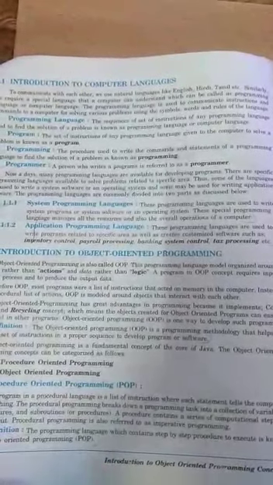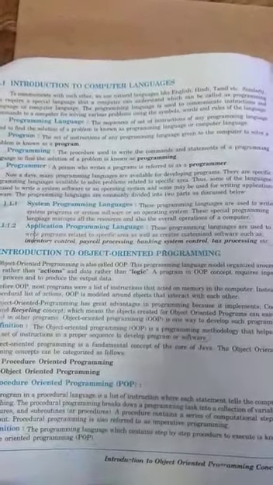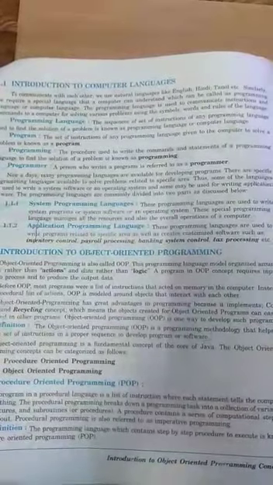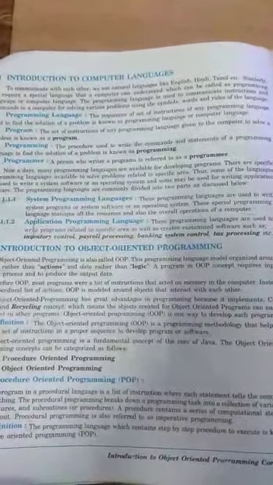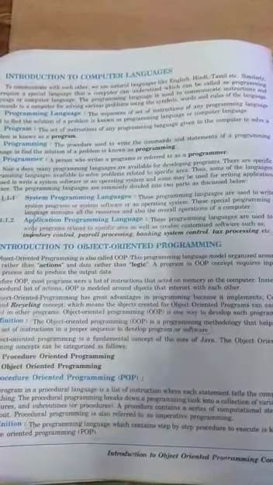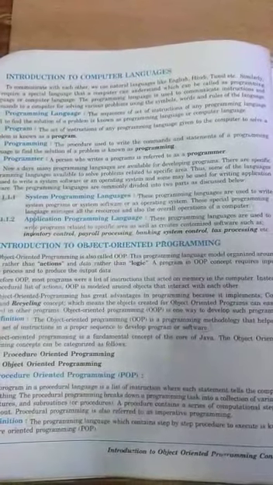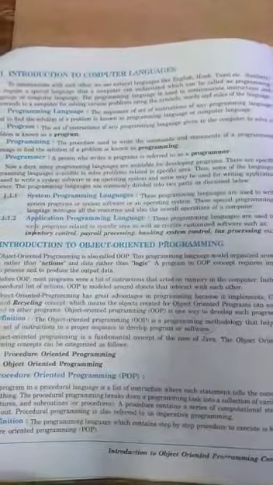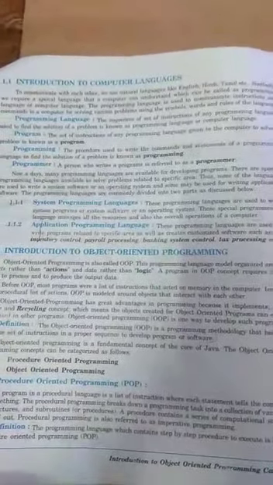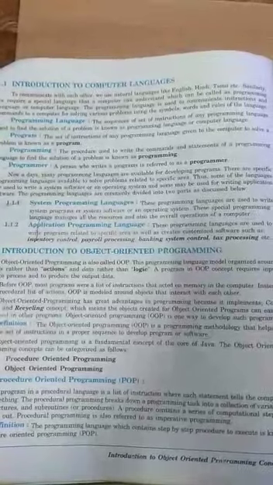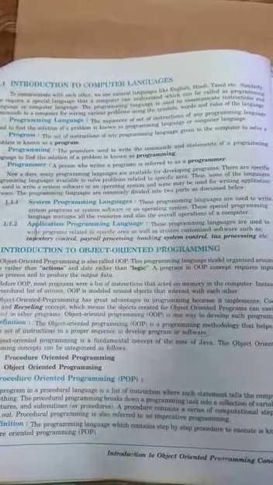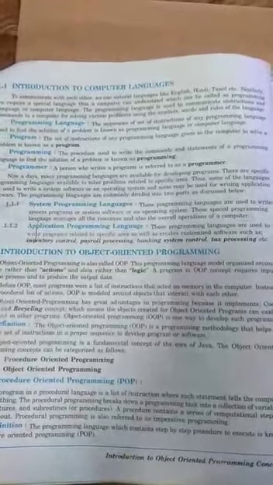So in order to interact with the computer system, we have different languages, and language comprises of various symbol words, and there are different rules for the specific languages. There are various languages like C, C++, Java, Fortran. So there are many languages, but nowadays Java is used as the worldwide programming language.